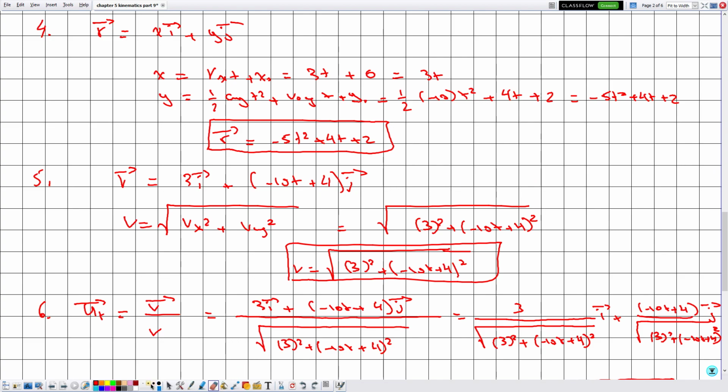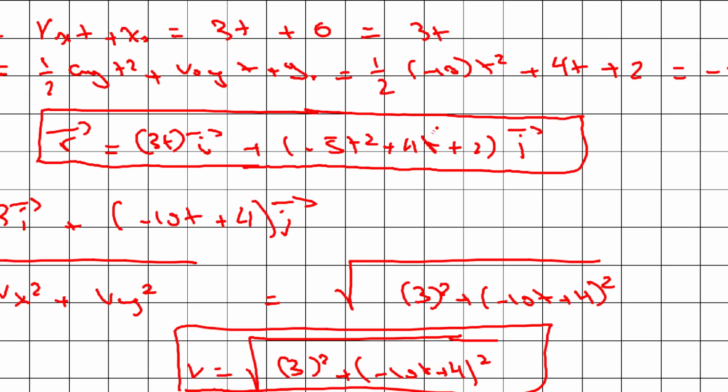Let me correct it. So the position vector here is given by 3t i. As I have said previously, vectors must exist on the left and on the right. Plus minus 5t squared plus 4t plus 2, okay, j. So this is the expression of y.